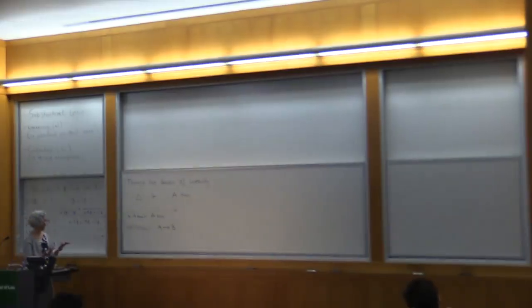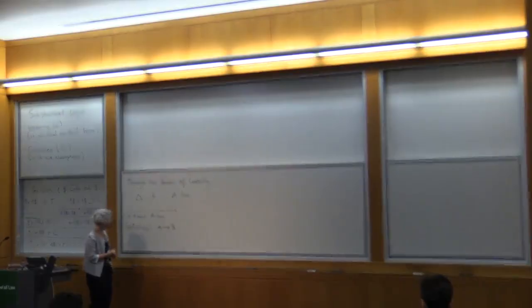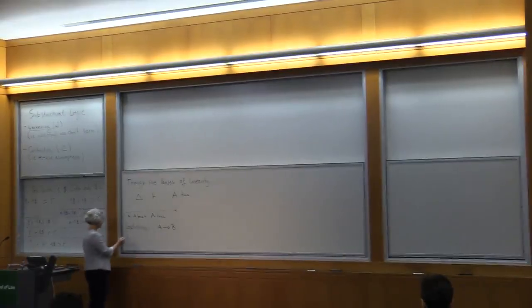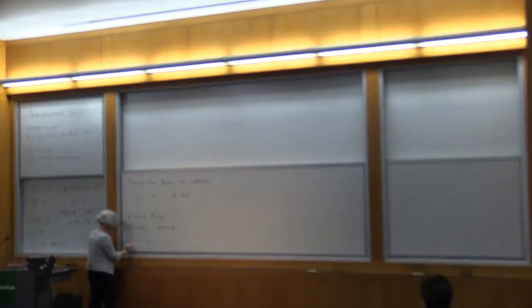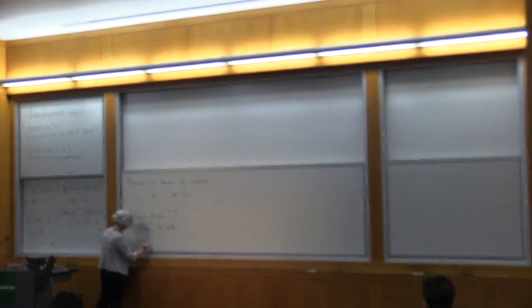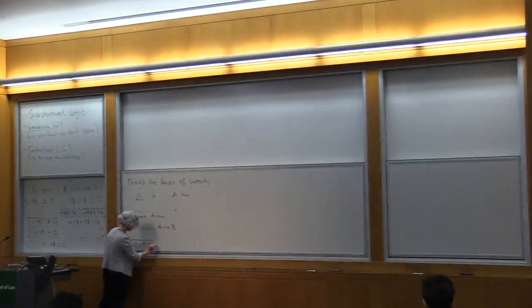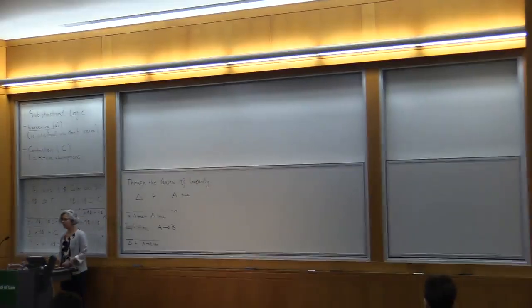So we often pronounce it as lolly, or linearly implies. And the introduction rule doesn't look very surprising. You have some assumptions. You need to prove A lolly B is true, so A linearly implies B. And what does your gut say? What's in your premise? What does your gut tell you?